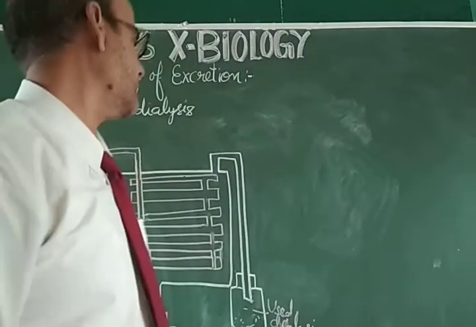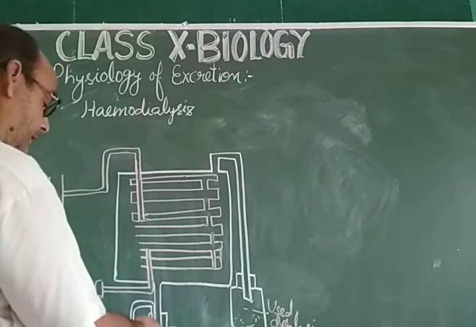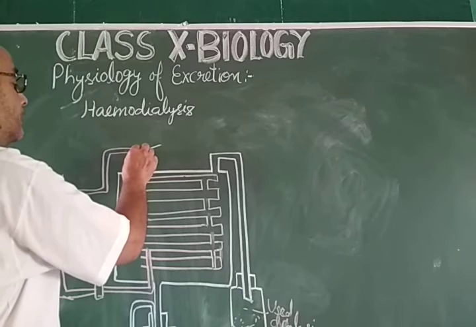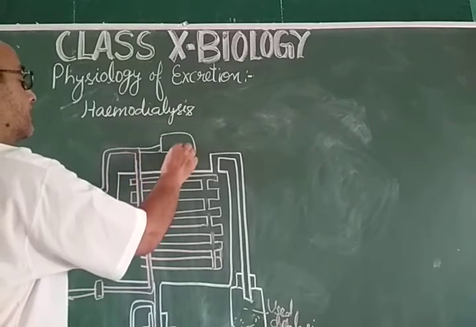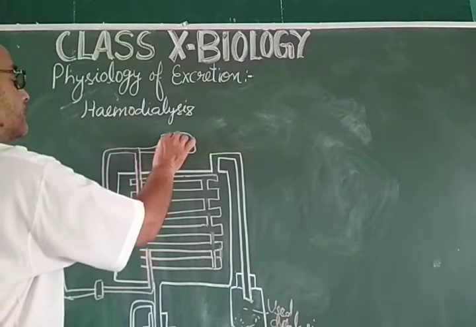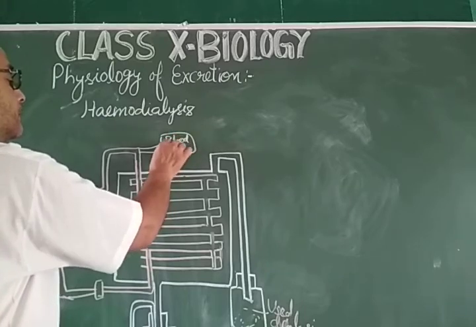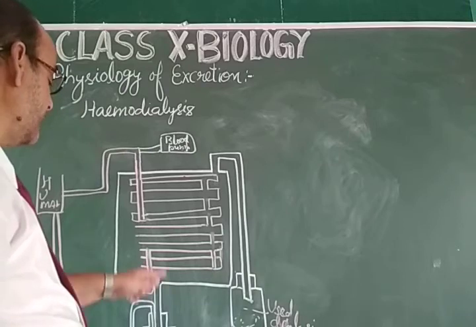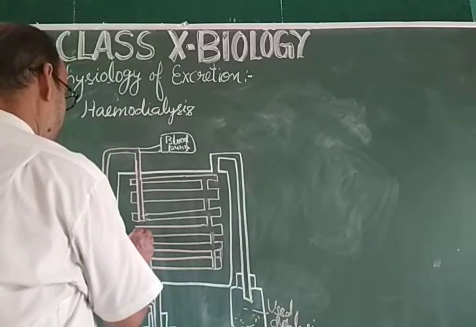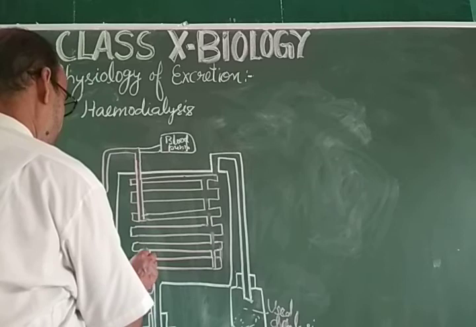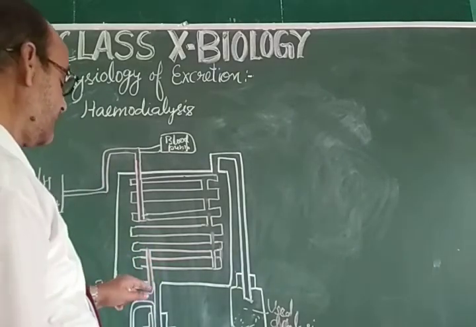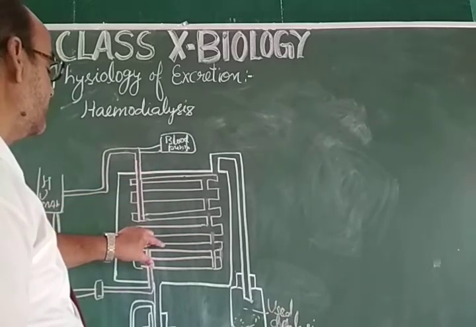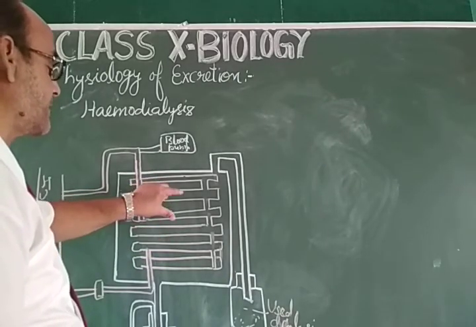So my dear students, in this process of artificial excretion, artificial filtration of the blood, the dialyzing solution gets pumped into it. Blood pump. The dialyzing solution is utilized in this compressing machine, and there are osmotic tubules fixed here.